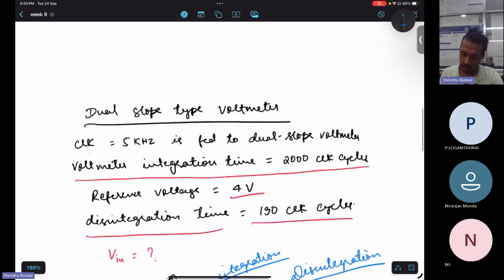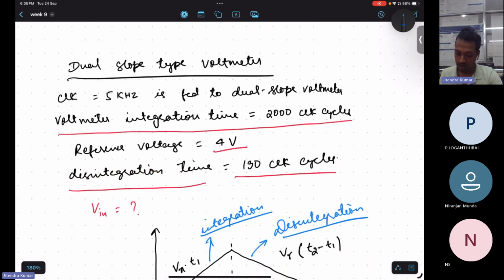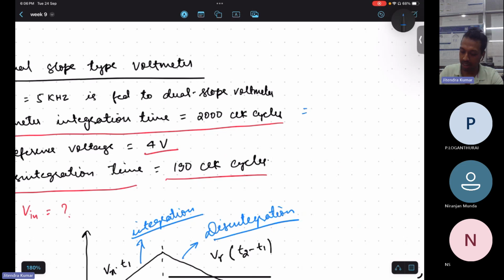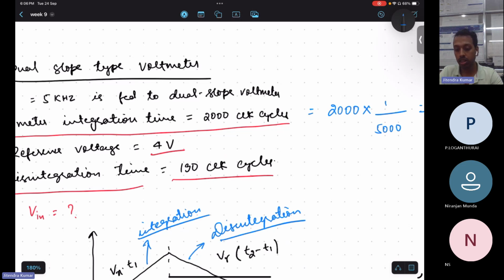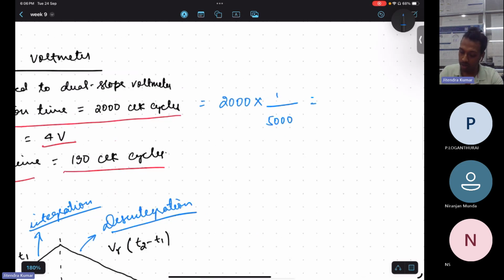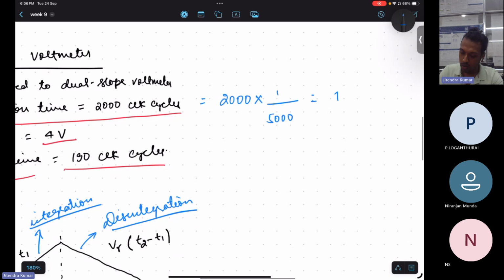We were given a 5 kilohertz clock frequency with an integration time of 2000 clock cycles. If we have it in terms of clock cycles, we can equate it with time. Clock cycles divided by frequency, where the frequency is 5 kilohertz, gives the time it takes to reach the unknown input voltage. So this much will be 0.4 seconds.